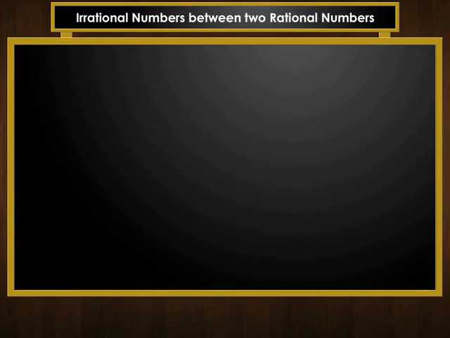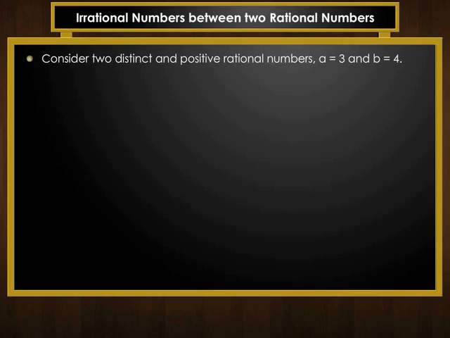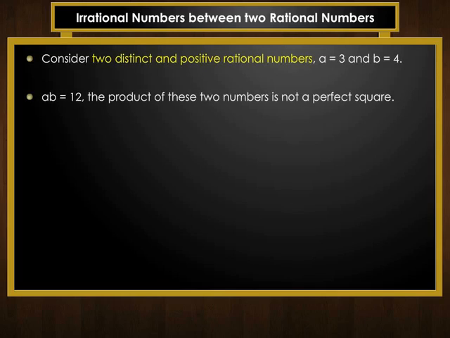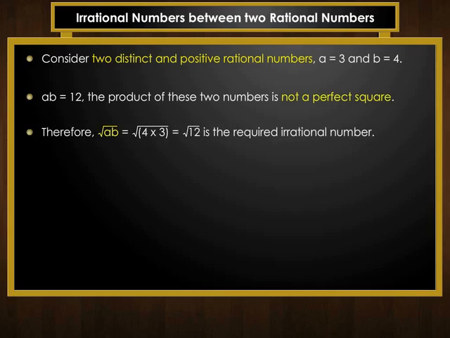There exist irrational numbers between two numbers. You can find these irrational numbers. Let us see how. If the given two numbers are distinct positive rational numbers such that the product of these two numbers is not a perfect square, then square root of this product is the required irrational number.